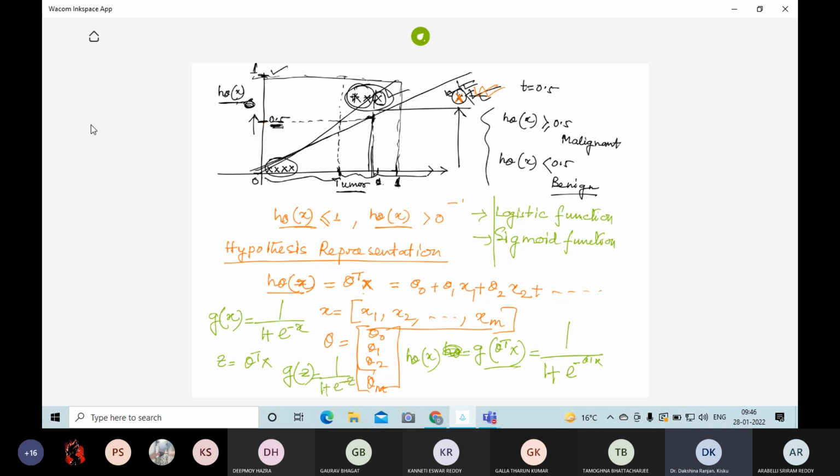In place of z we write theta transpose x, the combination of model parameters and the feature points x. If we represent the predicted value in terms of the logistic function or sigmoid function, we can bind the output value between 0 and 1. That means whatever the feature points or model parameters, using this function the predicted value will always come between 0 and 1.